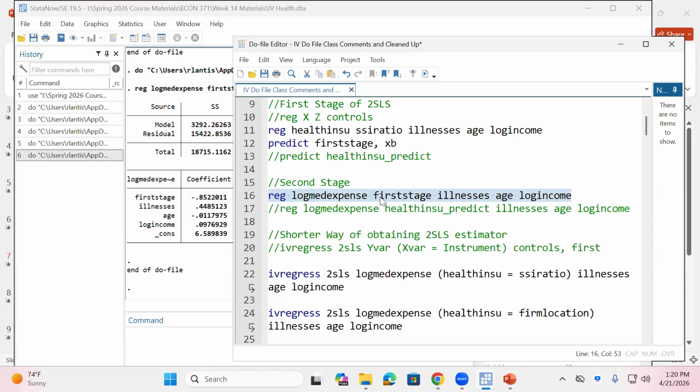So we're running that first stage, saving our predicted values of that dependent variable from the first stage. And then we're going back to the original regression we wanted to run, but we knew we had omitted variable bias. And now I'm not going to include my X variable, but I'm going to include the predicted values of my X variable from the first stage, and then all of my additional controls.